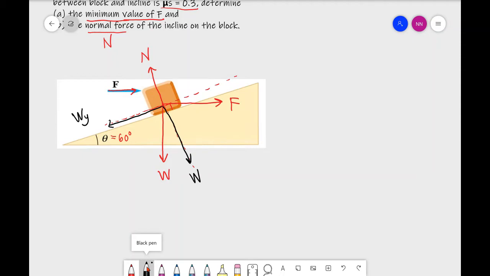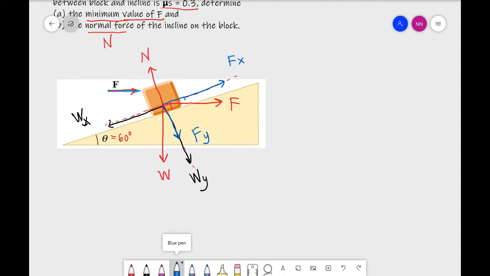You also have to resolve F into components parallel and perpendicular to the inclined plane.